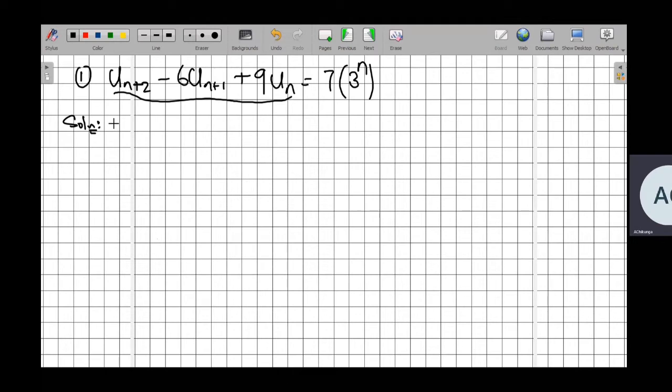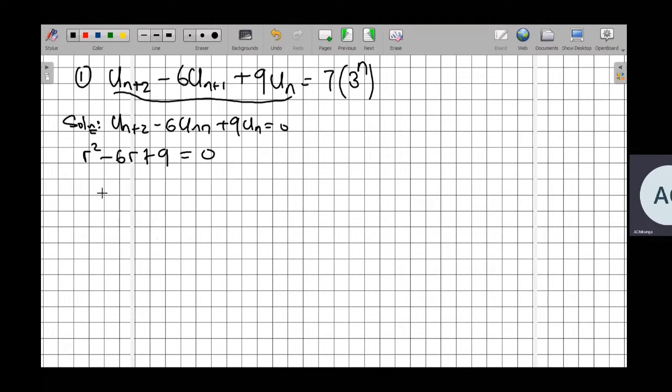The corresponding homogeneous part is U_{n+2} minus 6U_{n+1} plus 9U_n is equal to 0. So the characteristic function of this homogeneous part is what? Is R squared minus 6R plus 9 is equal to 0.